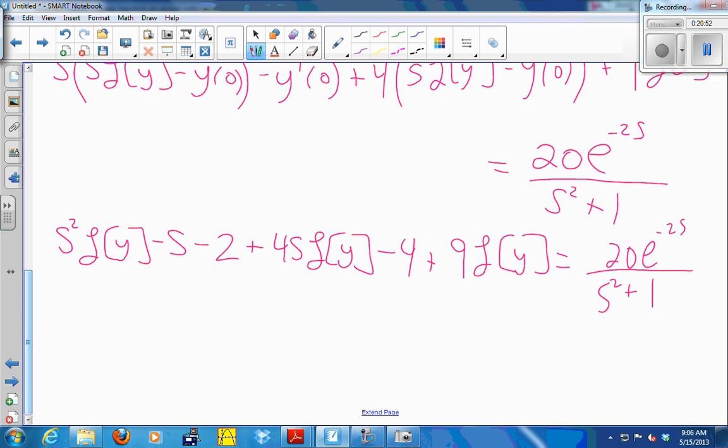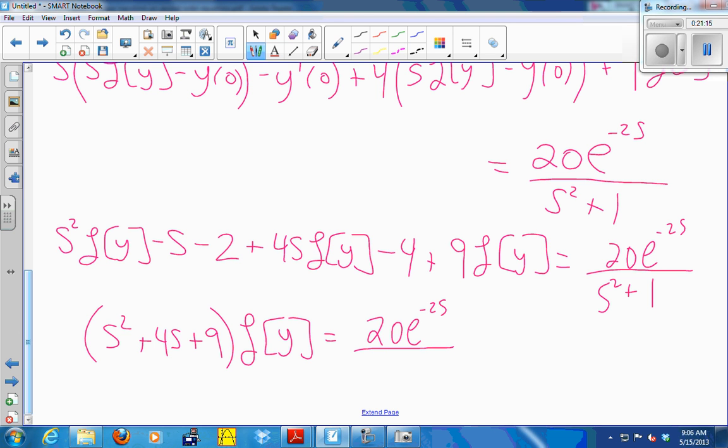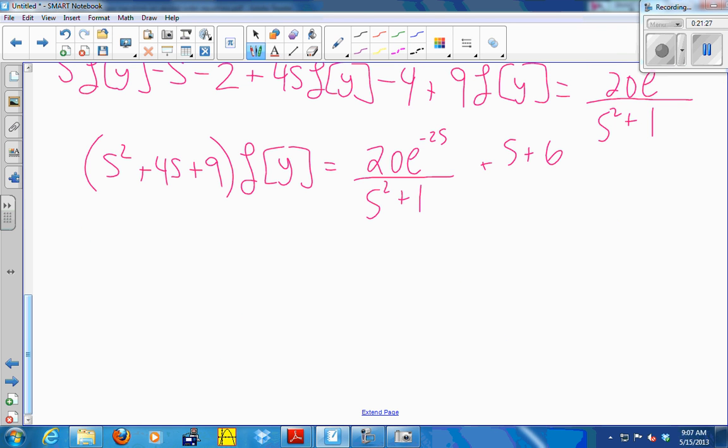Okay, so collect all my Laplace of y's on one side. Anything that does not have a Laplace of y, we'll put on the other side. So I'm going to have s squared plus 4s plus 9 times the Laplace of y equals 20e to the negative 2s over s squared plus 1, plus s plus 2 plus 4, so plus s plus 6. And then divide both sides by the coefficient on the Laplace of y.